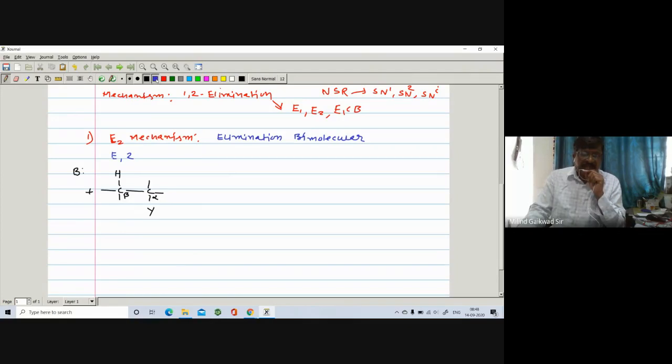Now what happens to this substrate in the E2 mechanism? It reacts with the base. So the bond between C alpha and Y undergoes breaking. Step one, C alpha Y undergoes breaking. Number two, the C beta H also breaks.